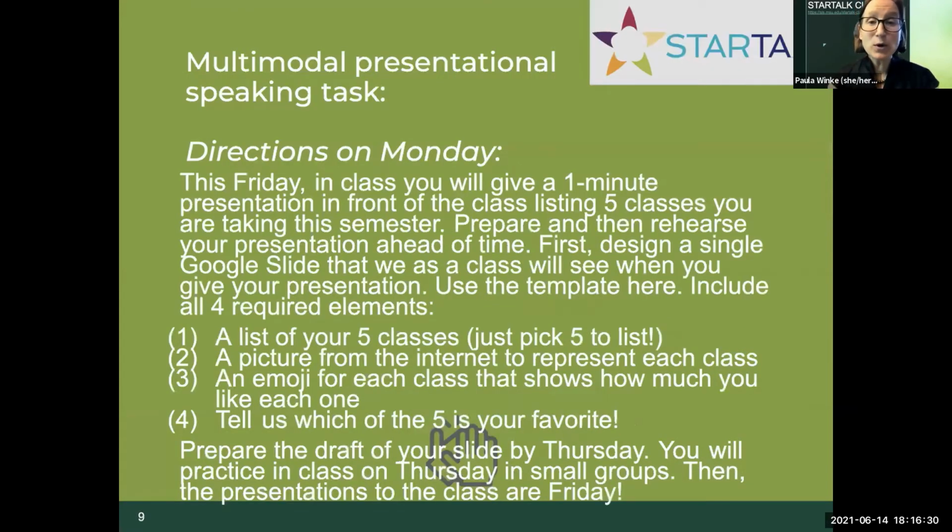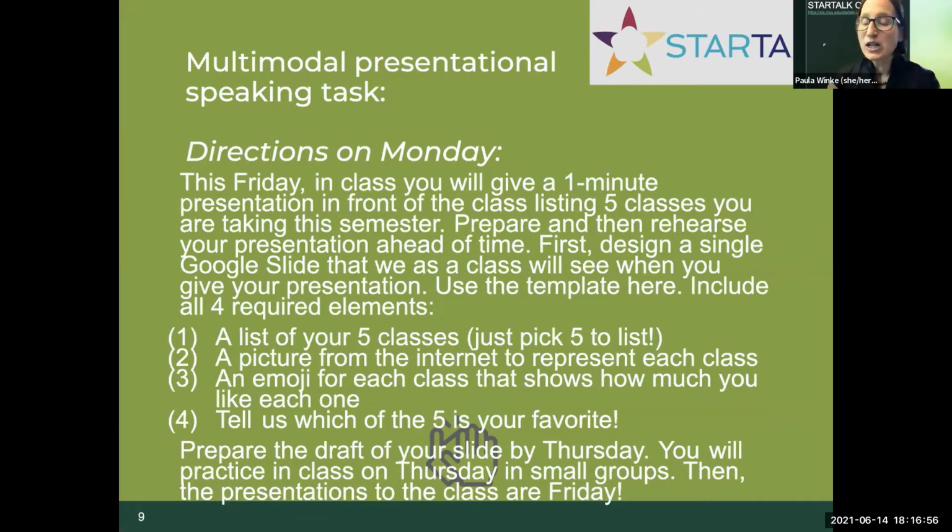So for a multimodal presentational speaking task, thinking of what types of directions we could give for a low-level learner for the first year in a first semester or in the second semester, at that point in class, they are learning to get to know each other and they are learning vocabulary lists, furniture, shopping, or subjects in school.